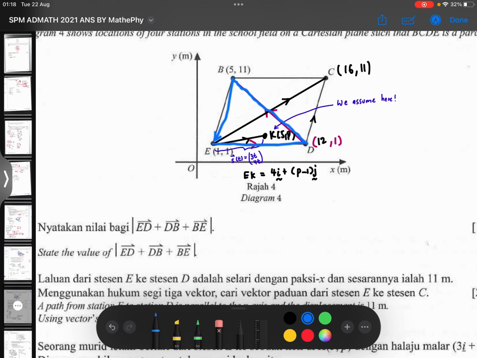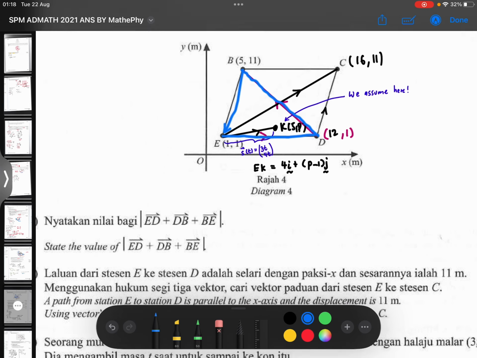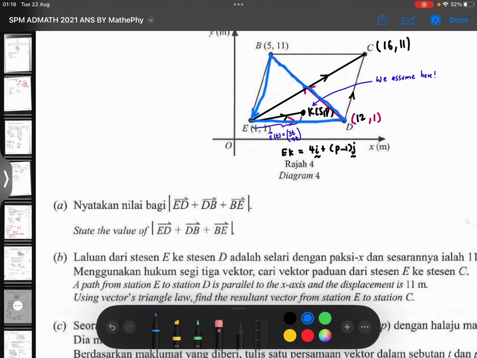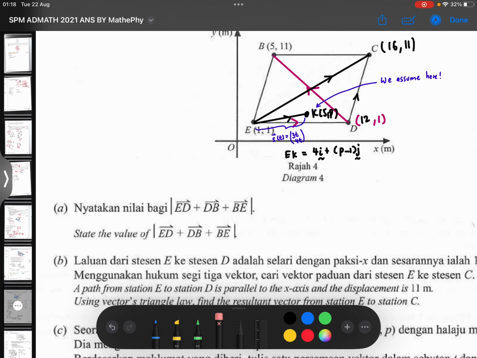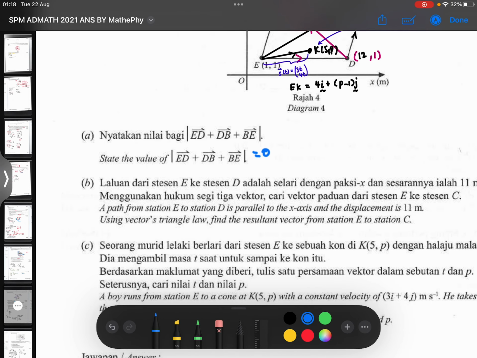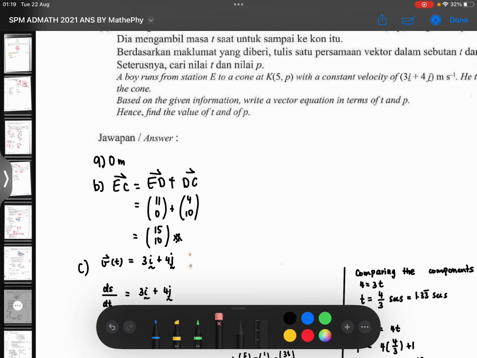This is because you initially run from your place and then you get back to the original place. By definition, because this is a vector, we are talking about displacement. So the displacement is 0, because the initial and the final positions are the same. 0.